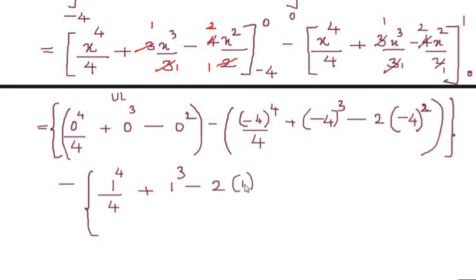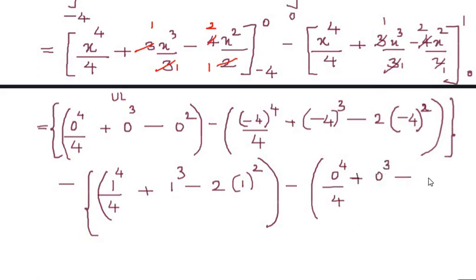So we have 2 times 1 to the power of 2. Now this is the upper limit, this entire thing, minus the lower limit. The lower limit becomes 0 to the power of 4 over 4 plus 0 to the power of 3 minus 2 times 0 square. This was the lower limit.